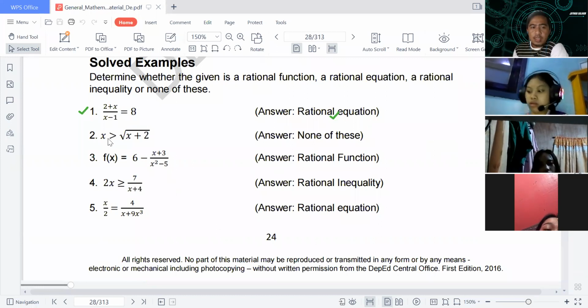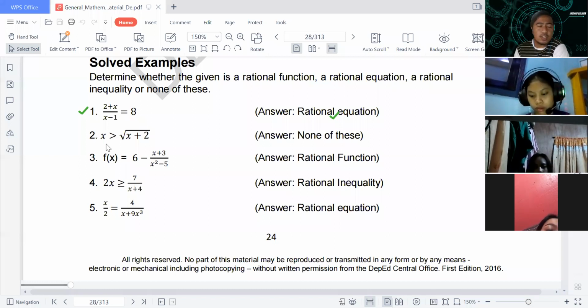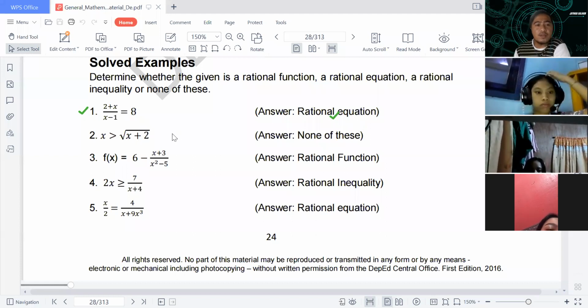This one, yes, it involves inequality, but either side is not a rational expression, right? It is not a fraction. So in that case, it will not be called a rational inequality. Of course, this is also not a rational equation. This is also not a rational function. So none of these.